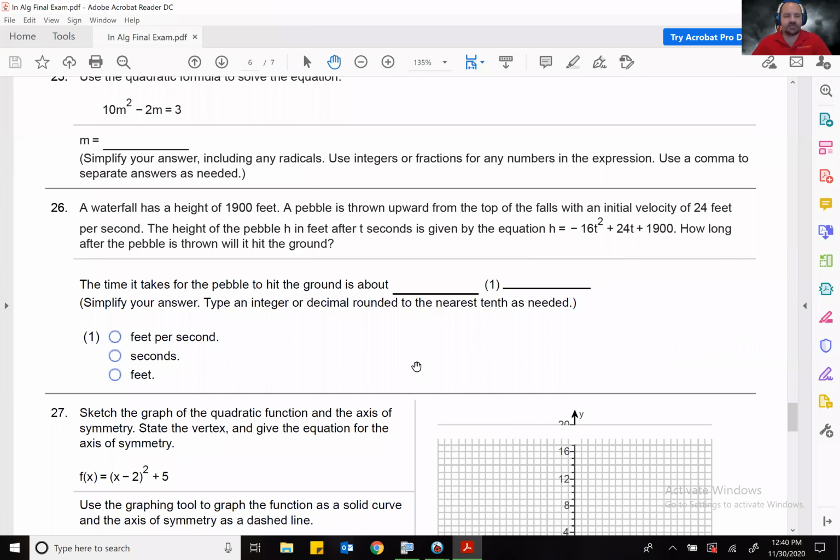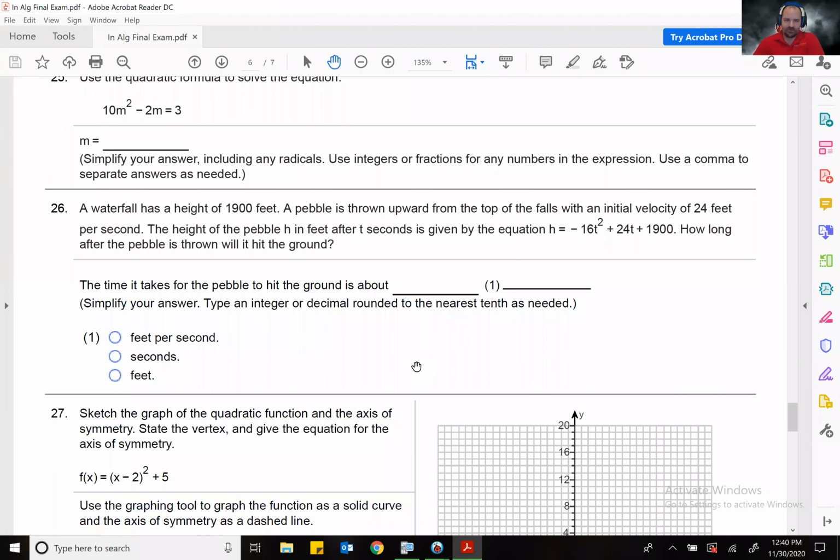So number 26, it says a waterfall has a height of 1,900 feet. A pebble is thrown upward from the top of the falls with an initial velocity of 24 feet per second. The height of the pebble h in feet after t seconds is given by the equation h equals negative 16t squared plus 24t plus 1,900.